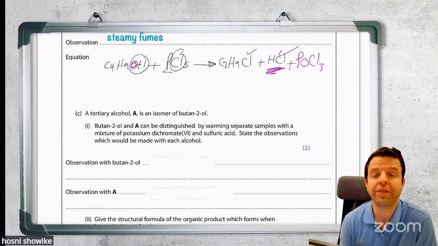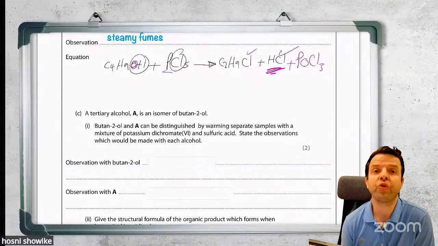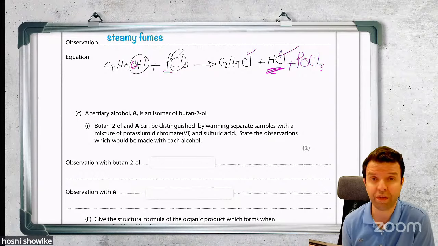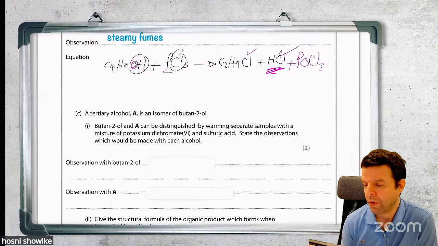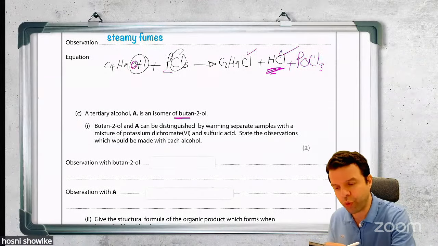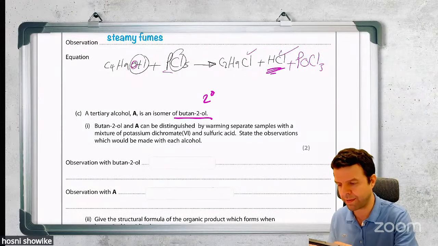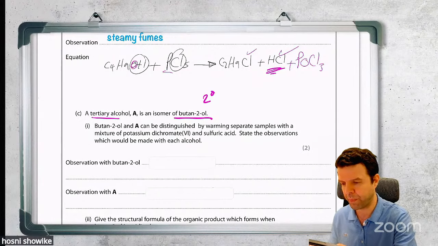Oxidation of alcohols. Do you know that primary alcohols and secondary alcohols do get oxidized? Tertiary alcohols never get oxidized. So if you have butan-2-ol, which is secondary, how would you distinguish between this and a tertiary alcohol?